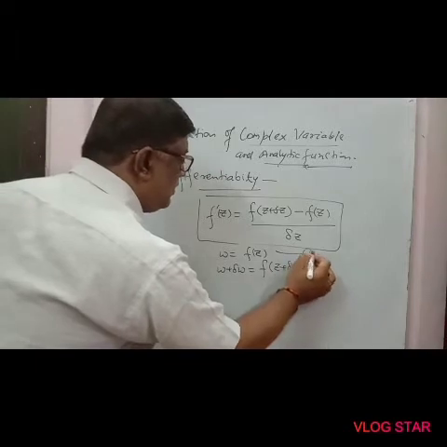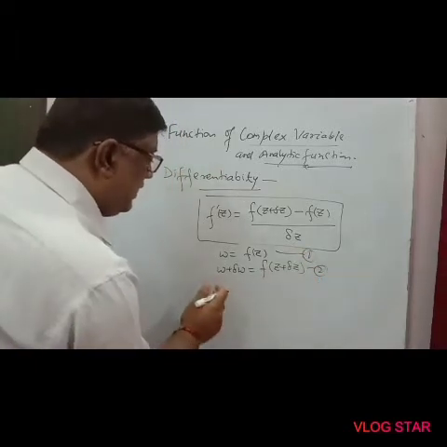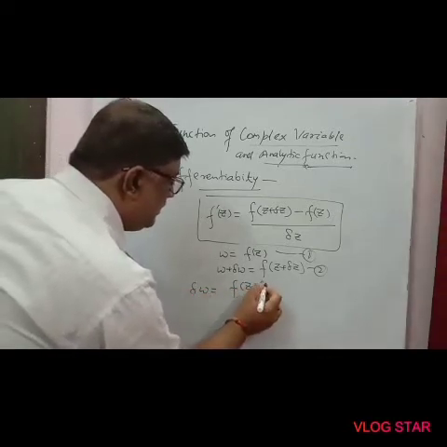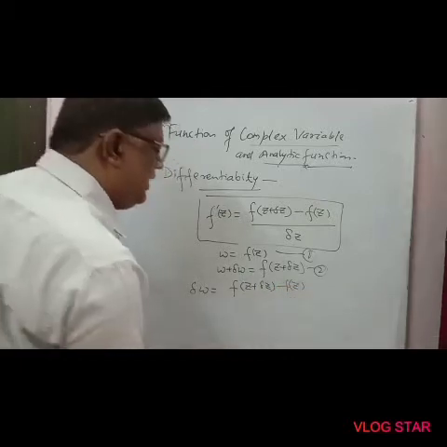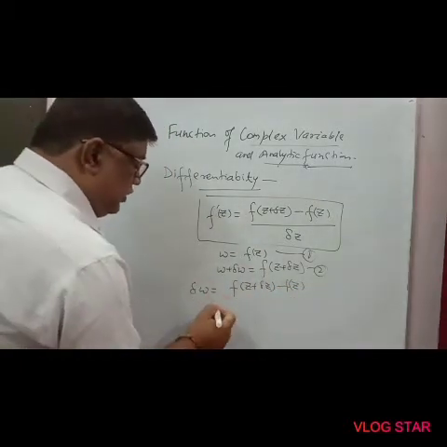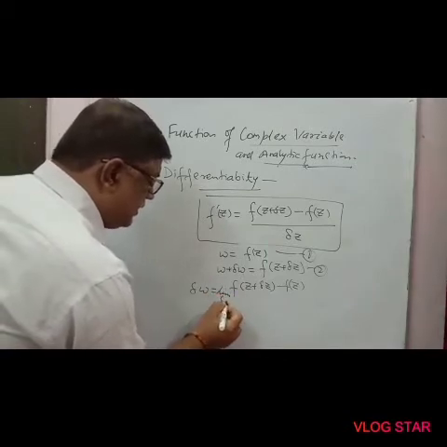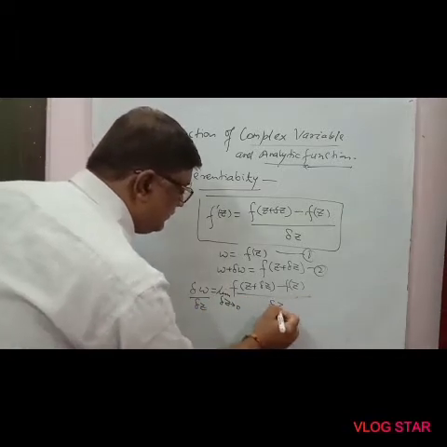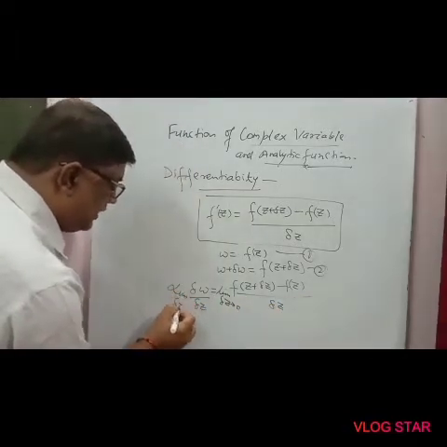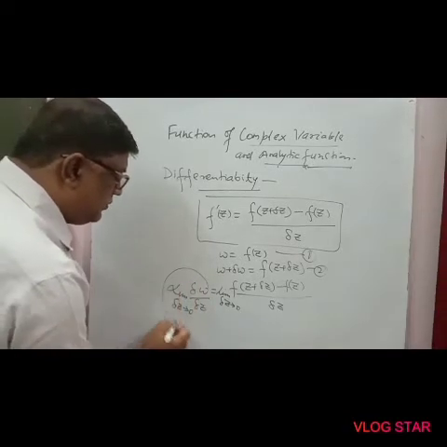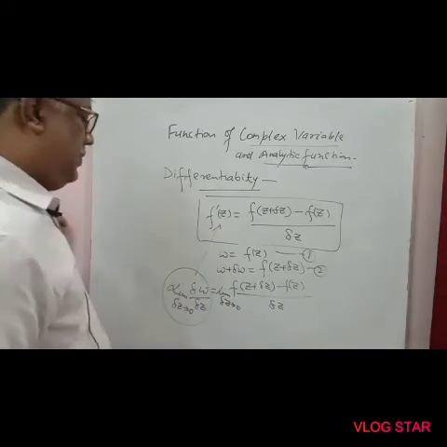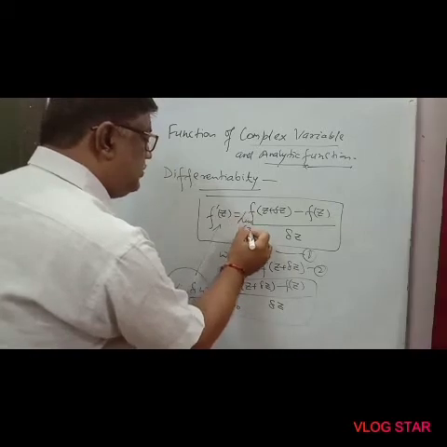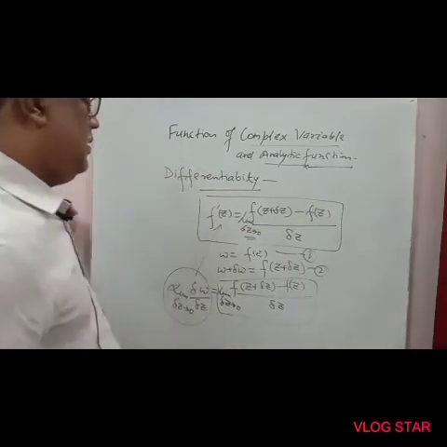Now subtracting equation 2 minus 1, we get delta w equals f(z plus delta z) minus f(z). Now take the limit delta z tends to 0 and divide on both sides. It means this whole function we write as f dash z, and it is equal to this limit as delta z tends to 0. This is called the differentiability of the function.